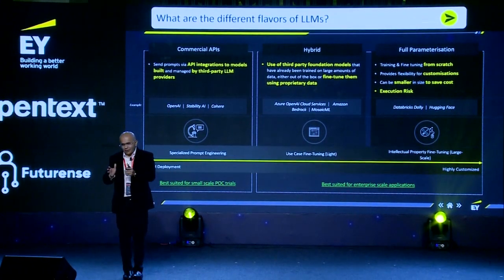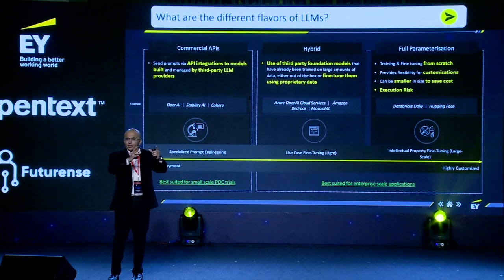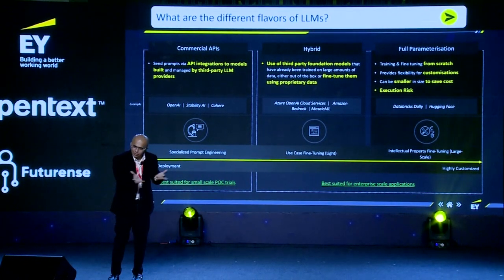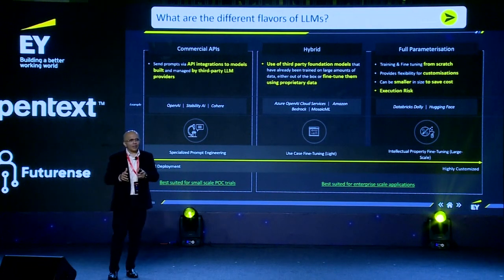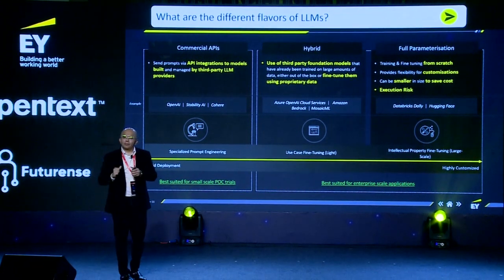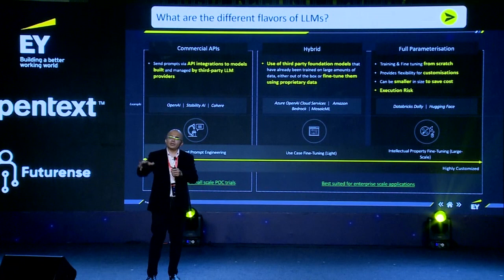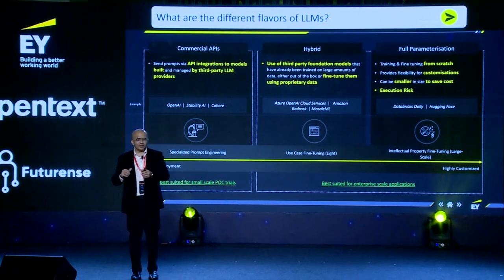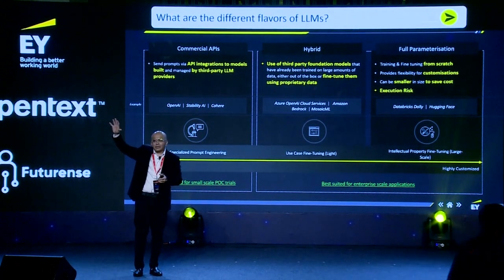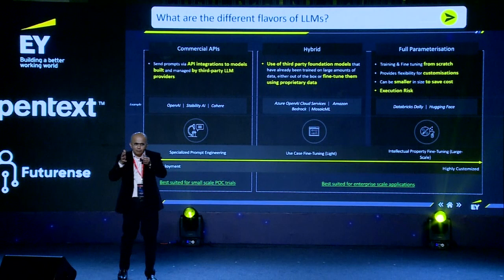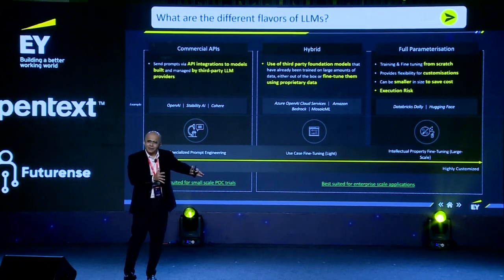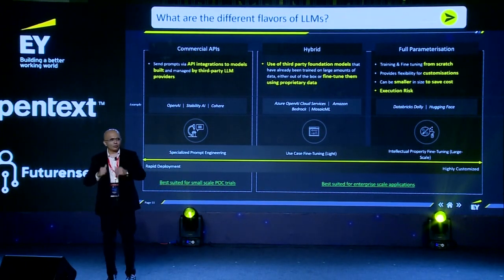So this is a hybrid model where you're using a third-party foundational model that we spoke about, hosting it in your environment, and then putting in your proprietary data for fine-tuning or for specific use cases. So it's a combination of the best of both, where your compute and storage you are using on an expandable capacity, but the proprietary data is not leaving your organization and you're keeping it over there.